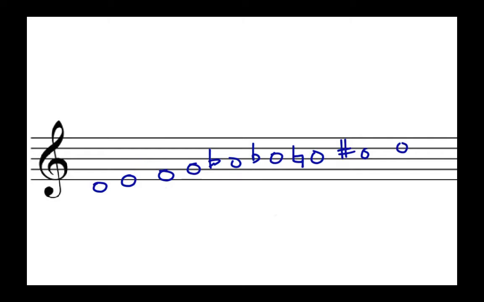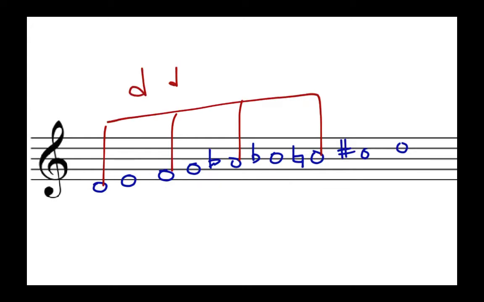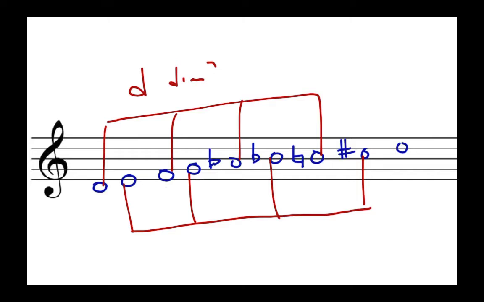All right, so if we take every other note, we have D, F, A flat, B. And that's a D diminished 7 chord. Then if we take every other note in between that, we have E, G, B flat, D flat enharmonically, but that would be an E diminished 7, fully diminished 7 chord. So it's also called the diminished scale.